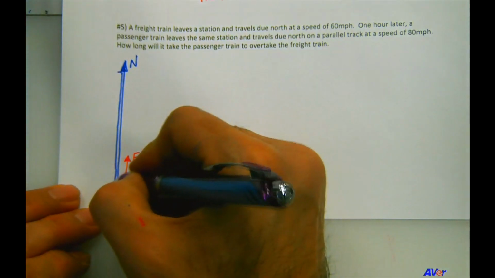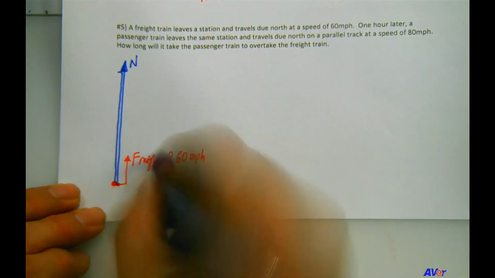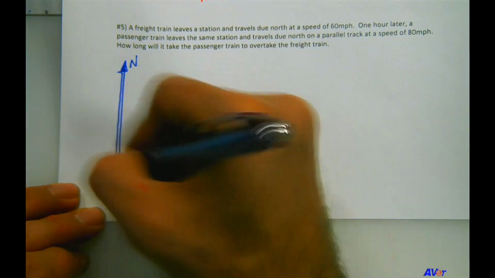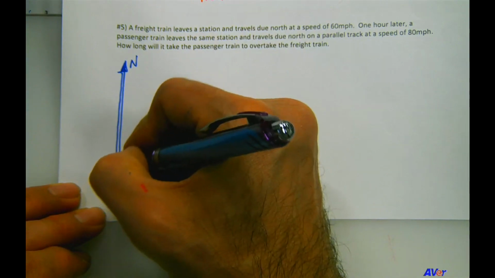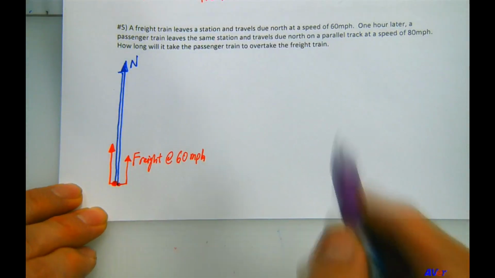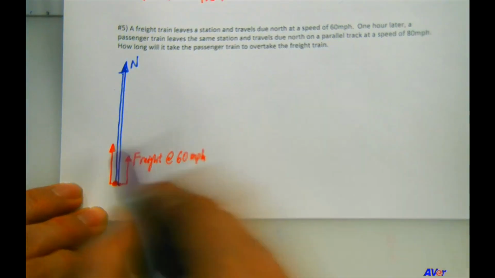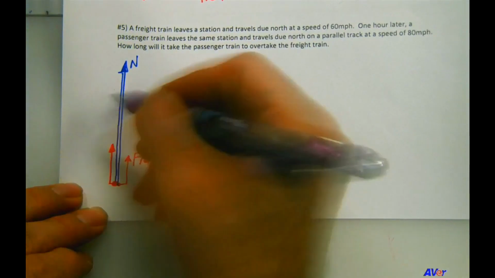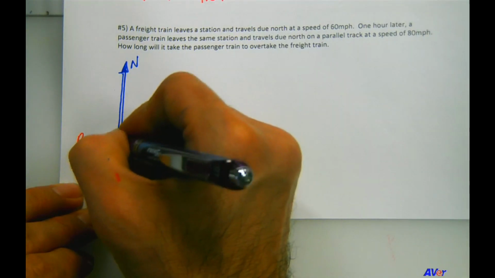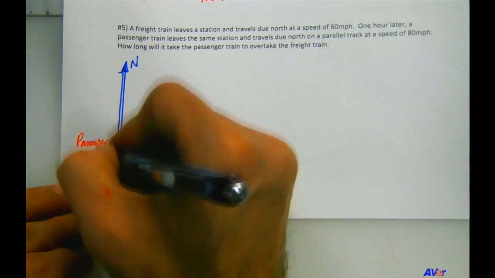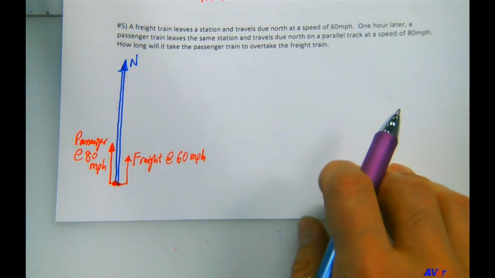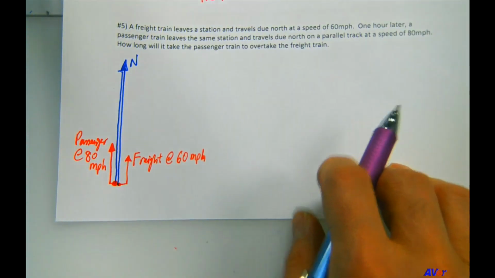And a passenger train, an hour after this freight train departs, begins to depart toward north on a parallel track. And the passenger train is going at 80 miles per hour. Okay?